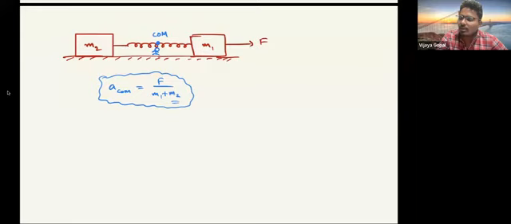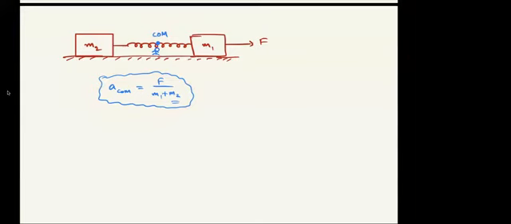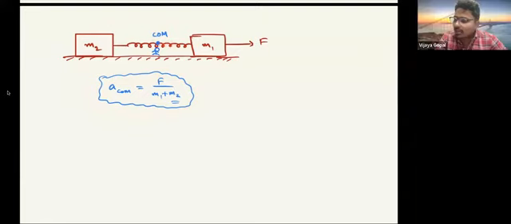Now I'm solving the entire question in this frame. That means the center of mass frame is an accelerated frame or a non-accelerated frame? Just now we got an acceleration, so is it an inertial frame or non-inertial frame? Non-inertial, so I need to add a pseudo force. The pseudo force will go to the left side because the body is going right side.